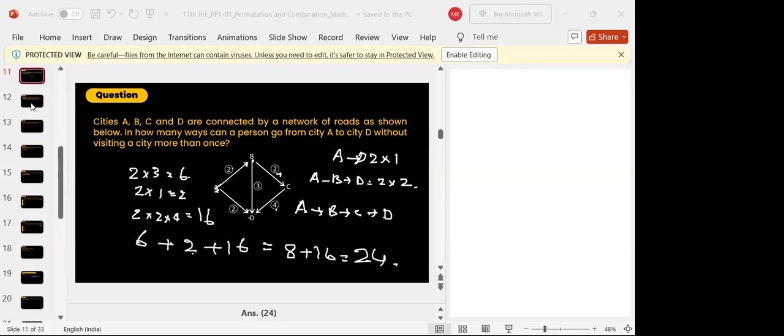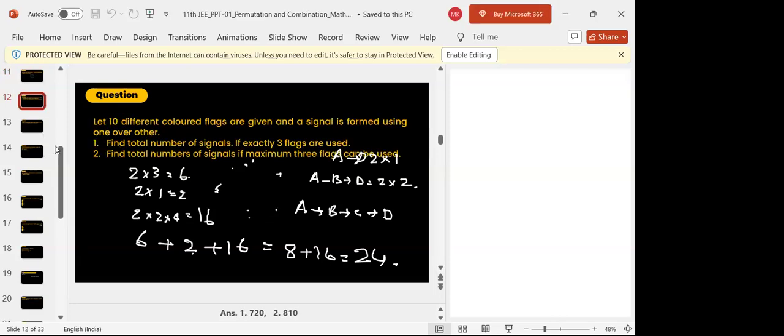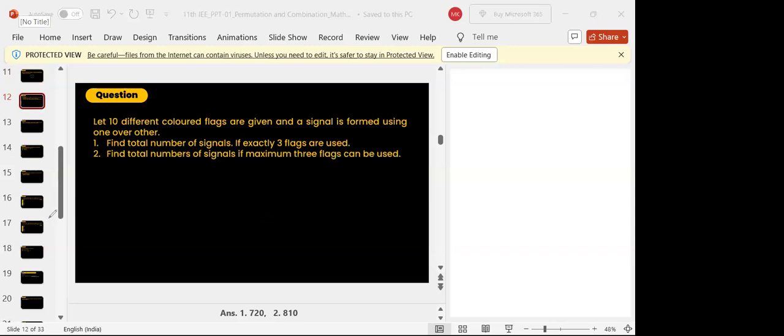Next segment. 10 different color flags are given and a signal is formed using one over the other.